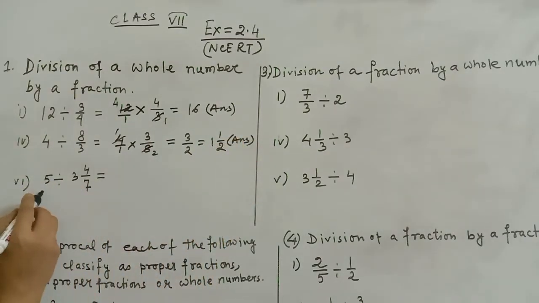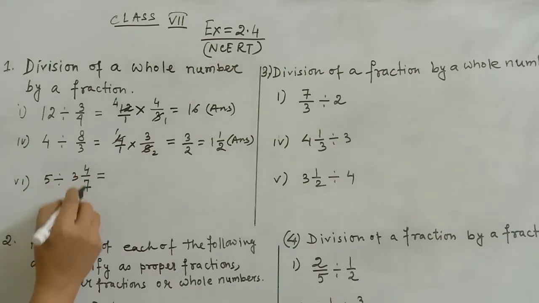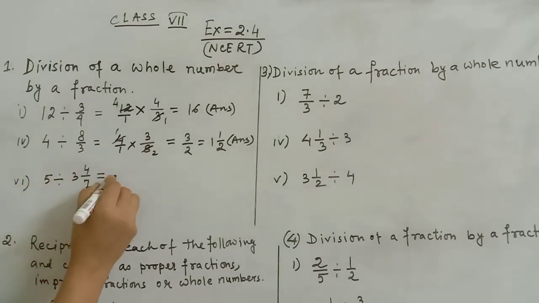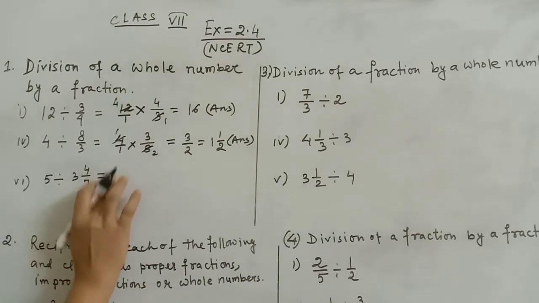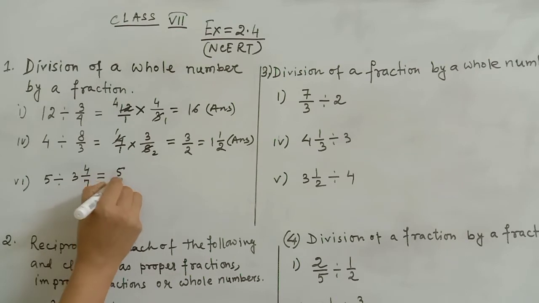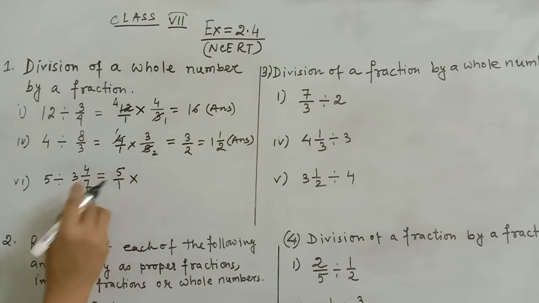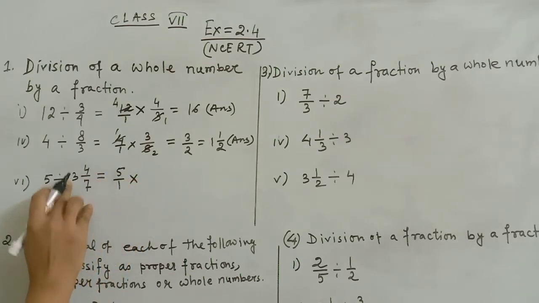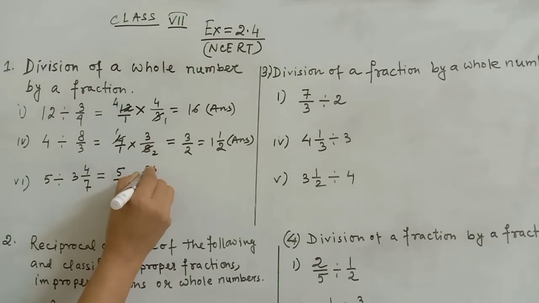Next sum is 5 divided by 3 4 by 7. As it is a mixed fraction, first of all you convert it into an improper fraction. 7 3s are 21, 21 plus 4, 25. Sorry, first of all you convert it into improper fraction, 25 by 7.